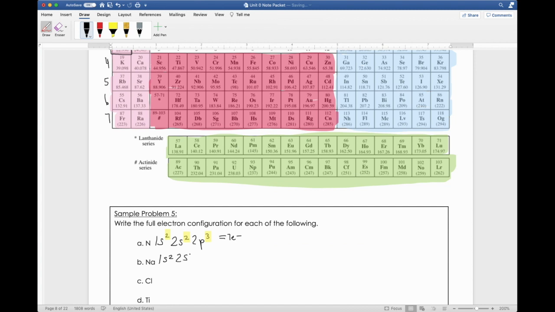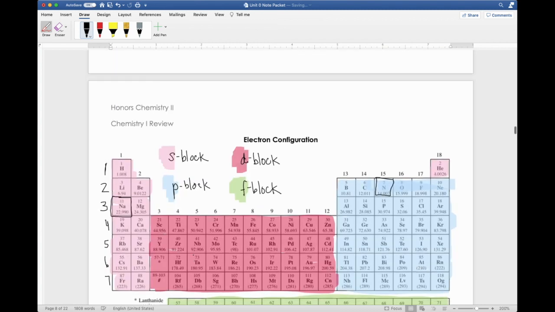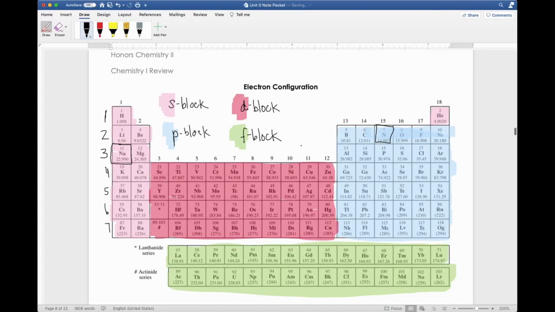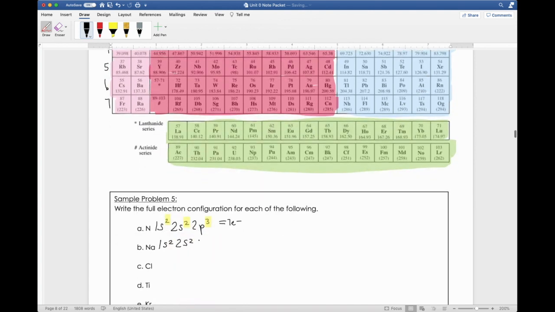And now I have to pass through that p block. So I'm just kind of following the atomic numbers as I go along. Still 2. Now I'm in the p block, but I have to pass through 1, 2, 3, 4, 5, 6 elements. So I would continue by writing 2p6.